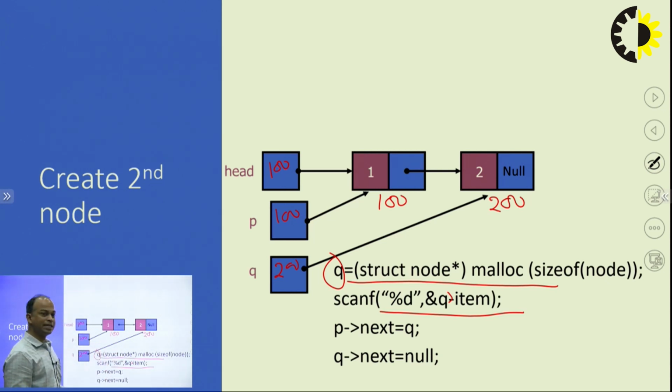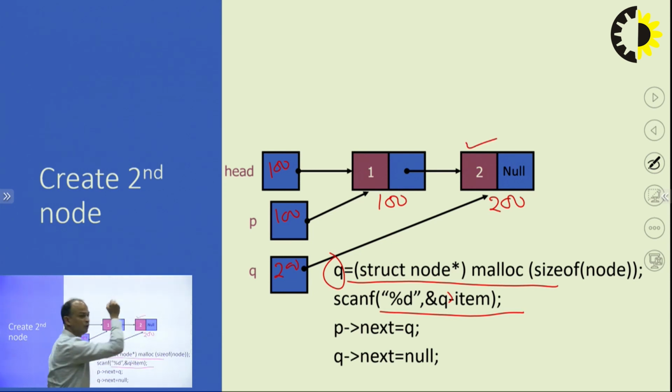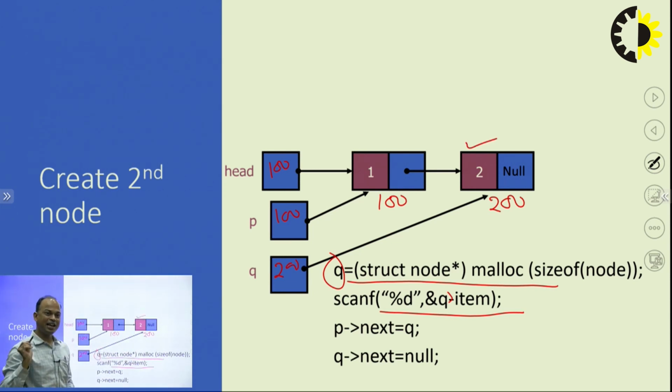So Q means here address of the second node. So we are giving here value to the second node. Q contains here 200 and we are pointing to 200 arrow item. So 200 arrow item is here that we need to give here input, and we are giving the input. This is here 2. So in this way we can pass the first parameter of second node.